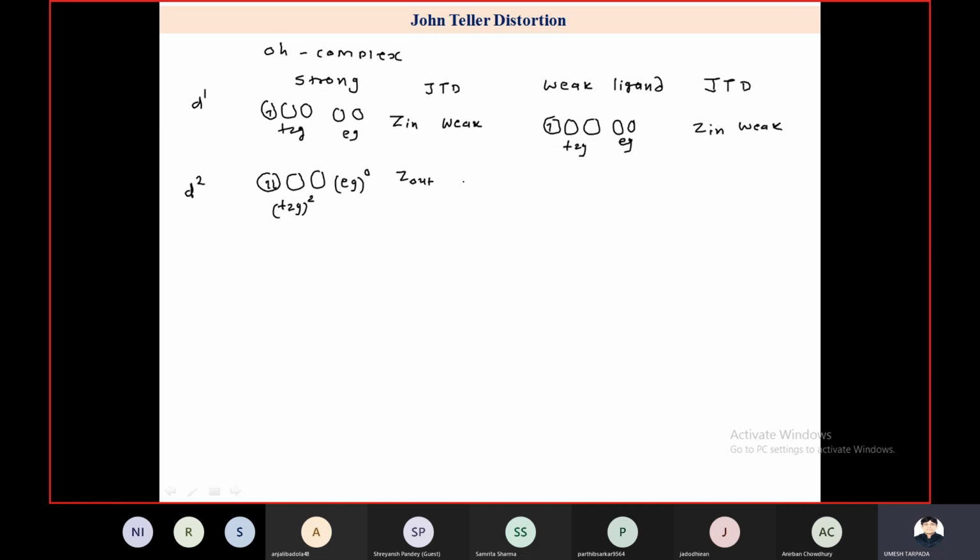Now see, T2G is unsymmetrical, so again there is a weak Jahn-Teller distortion. Here also two electrons will come like this. You can also have a Z out with weak Jahn-Teller distortion.